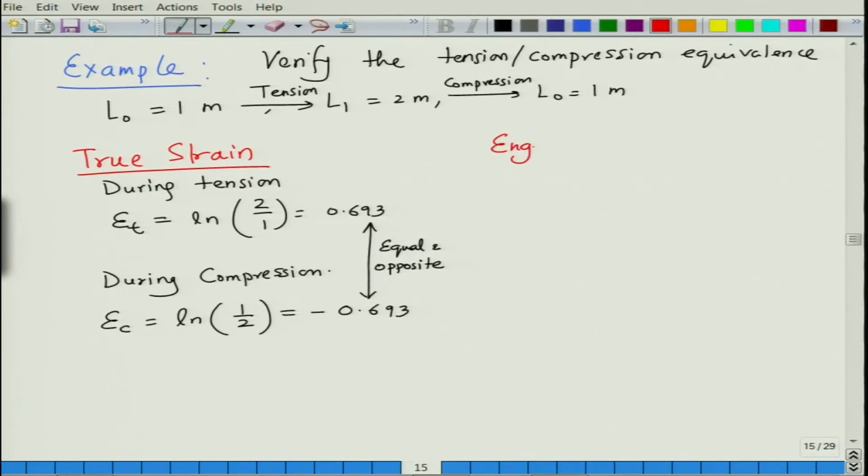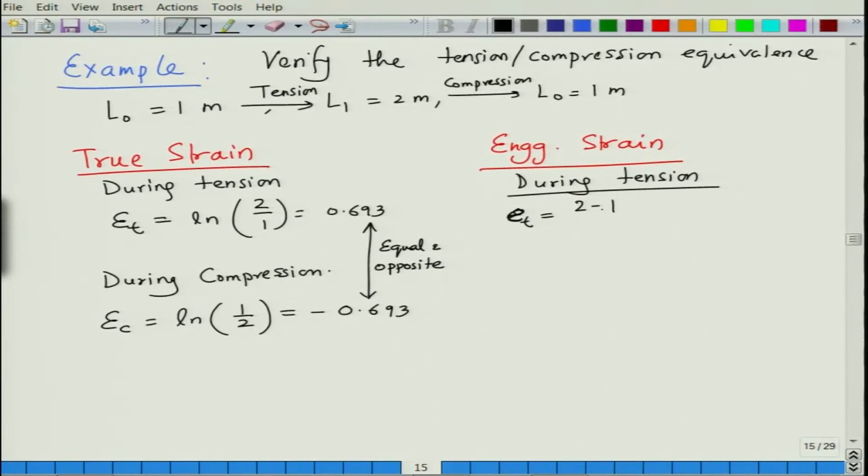Now, let us see the example of engineering strain. During tension, I can see Et is equal to Lf minus L naught, which is 2 minus 1 divided by 1, this is equal to 1, all right.